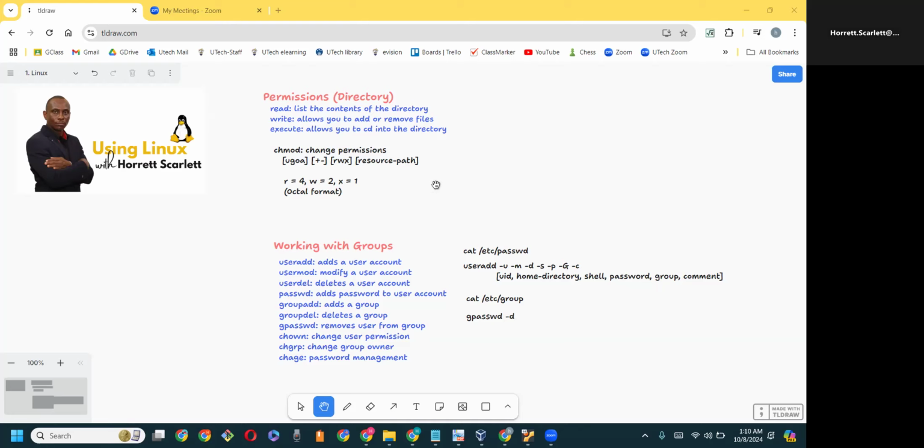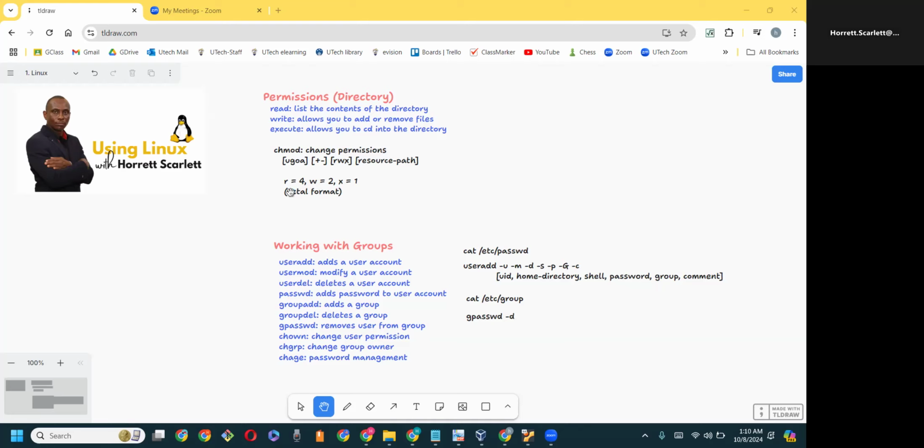Now we can determine the permissions in terms of setting bits. And when we look at each section on the permission list, whether it's going to be the user, the group, or other, we can view each of those as if we are setting bits, turning them on, turning them off.